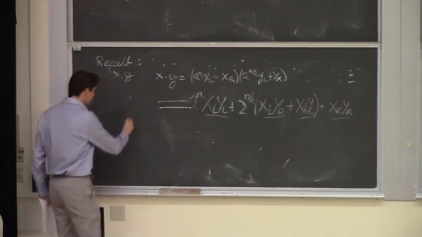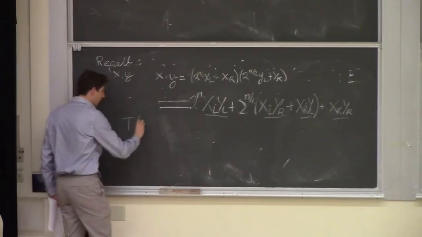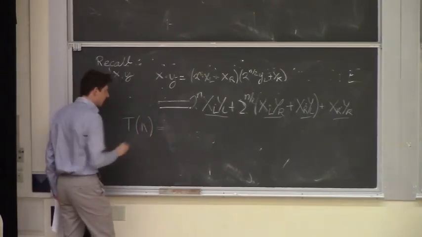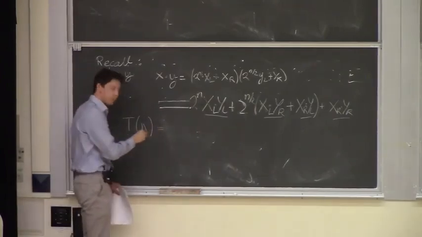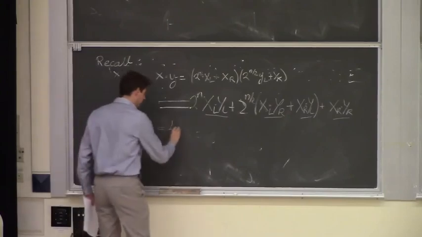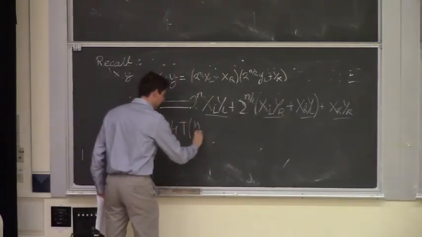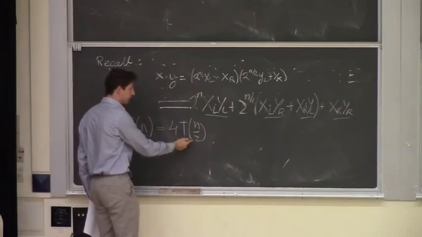And you saw that this gave rise to a natural algorithm whose running time could be described as a recurrence. T of n equals what? What was the recurrence? Yeah, 4 times T of n over 2. Why? Because we have 4 subproblems of half the size that we started with.